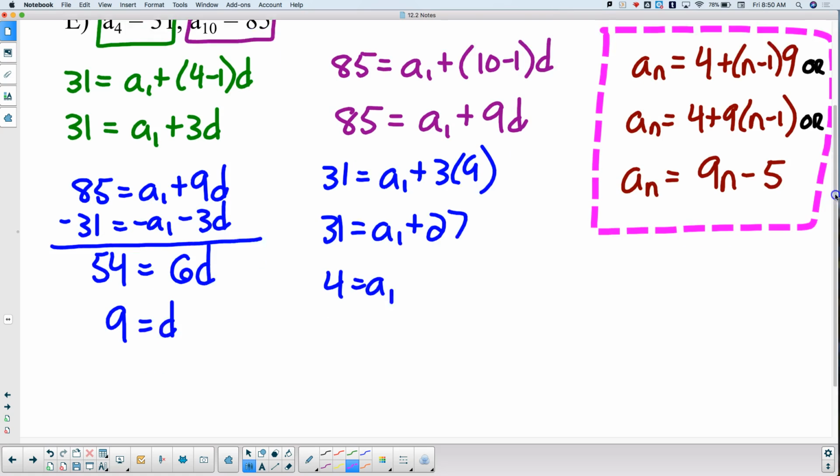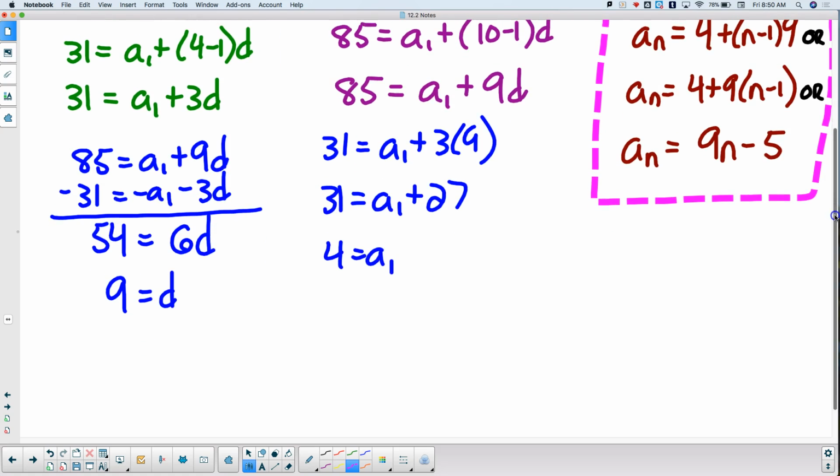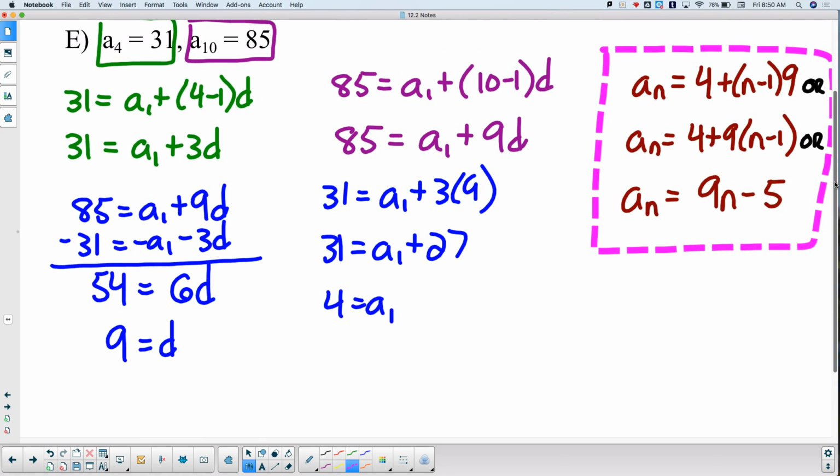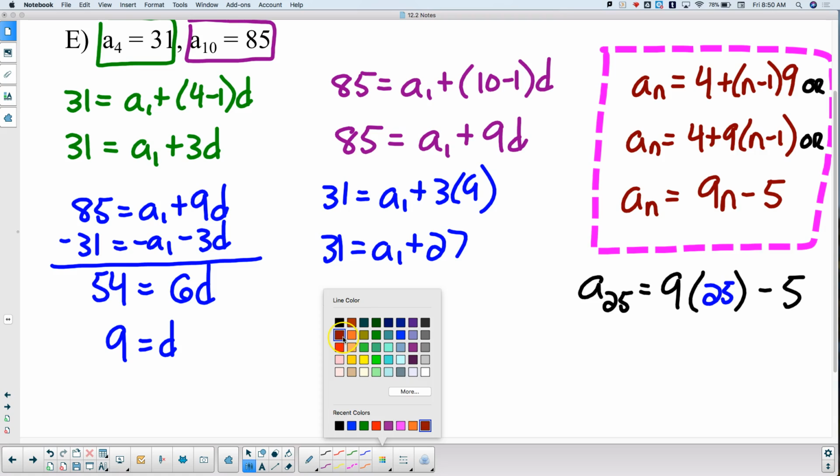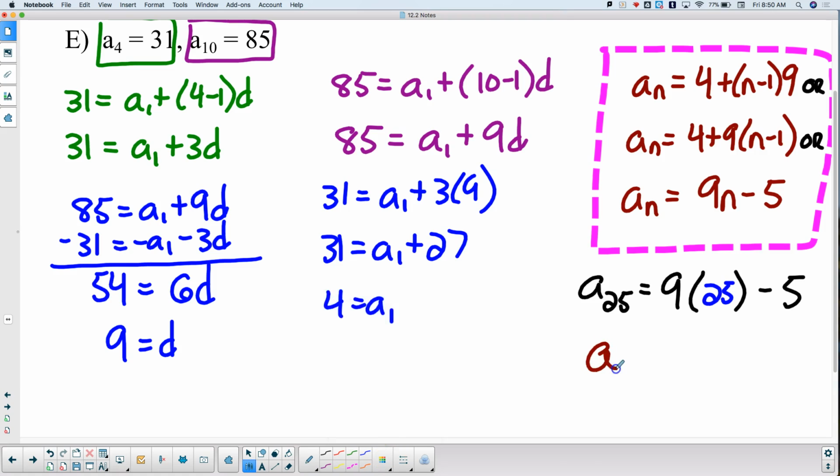Then 25th term. So 9 times 25, what's that?